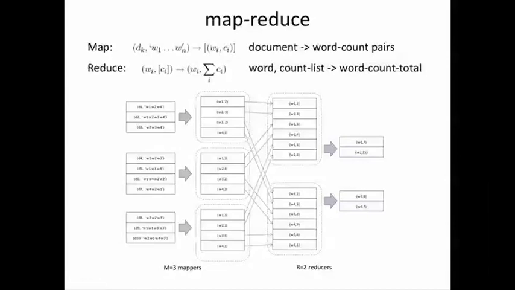So for example, all the counts for a particular word are summed up in the reduce phase to create one key value pair for each word. Now clearly, in order to perform the reduce function, all the key value pairs for a particular word need to be together if they are to be so summed up.